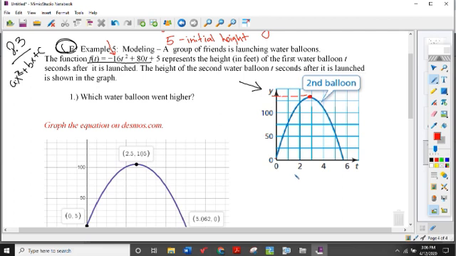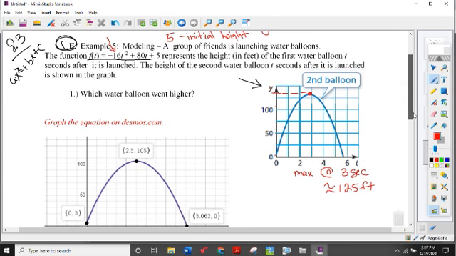So it looks like the maximum occurs at about 3 seconds, and that height appears to be, let's see, if this is going up by 25s, 25, 50, 75, 100, 125. So it's a little bit more than 125 feet, so maybe 130 feet, but I'll say more than 125.